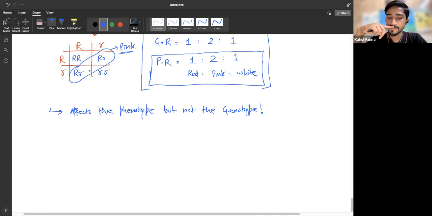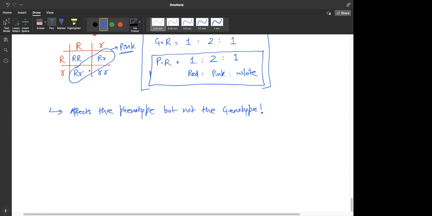Full stop. This results in an intermediate or different phenotype. Okay, everyone? Yes, sir. Is it clear?